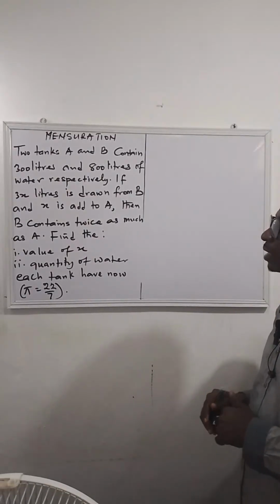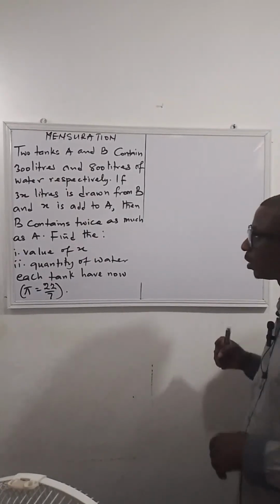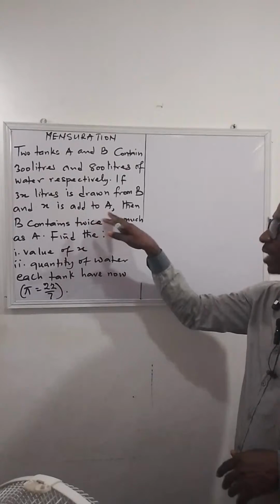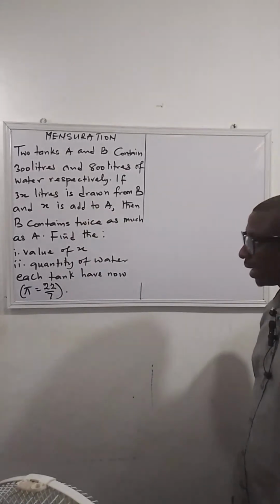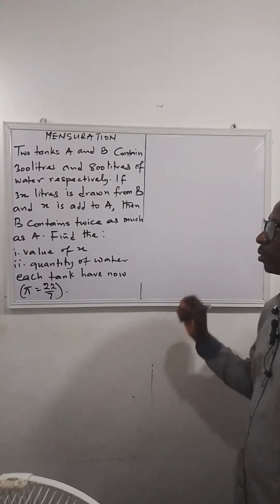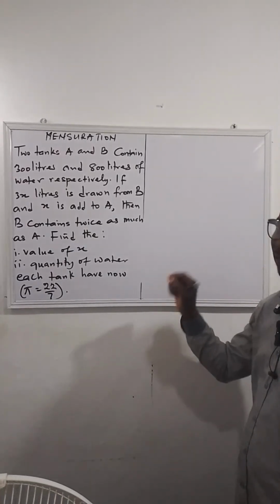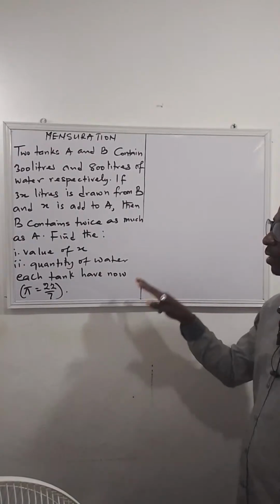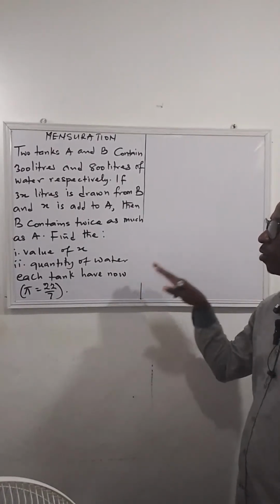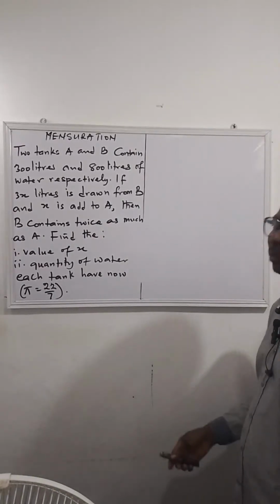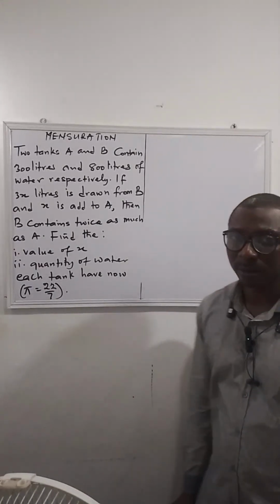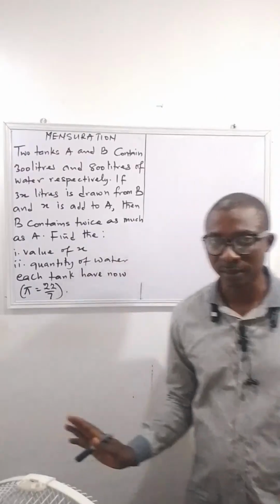If 3x liters is drawn from B and x is added to A, then B contains twice as much as A. You have to find the value of x and the quantity of water each tank has now. So that's the question.